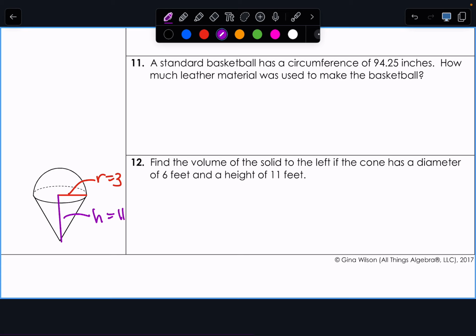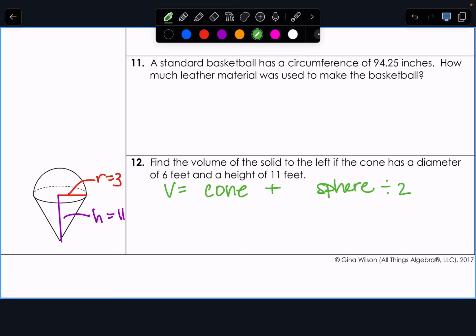It's a cone and half of a sphere. So in order to find the total volume, we are going to have to find the volume of our cone, plus half of a sphere. So basically, we're going to have to find our sphere and divide it by 2.